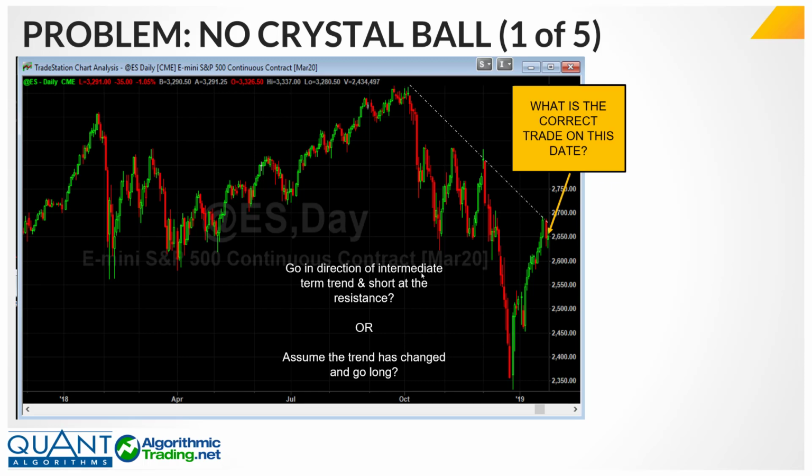Do you go in the direction of the intermediate term trend and short at the resistance right up here, or maybe where it's at? Or do you just, for whatever reason, assume that the trend has changed and go long? Maybe you draw a trend line of support from this point here and decide to go long. Well, think about it. What would you do? And then I'll go to the next slide.